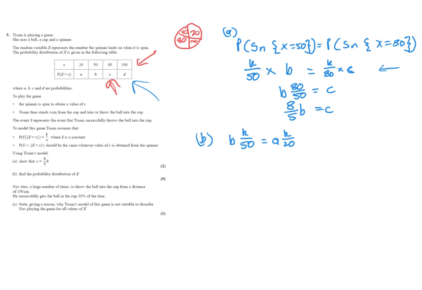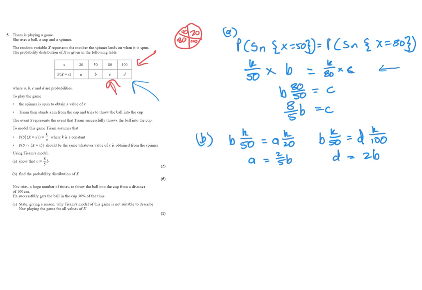Similarly, the one that would correspond to 100 is the D, so B times the K over 50 would be D, probability of being stood there, times the probability of success when I am stood there. Let's tidy this up. So A would be 2/5 B and D would be 2B.